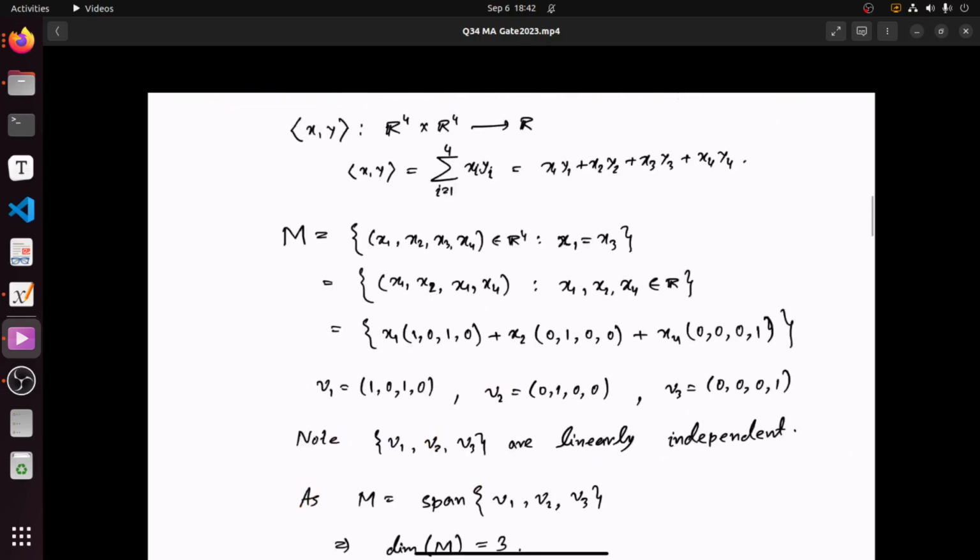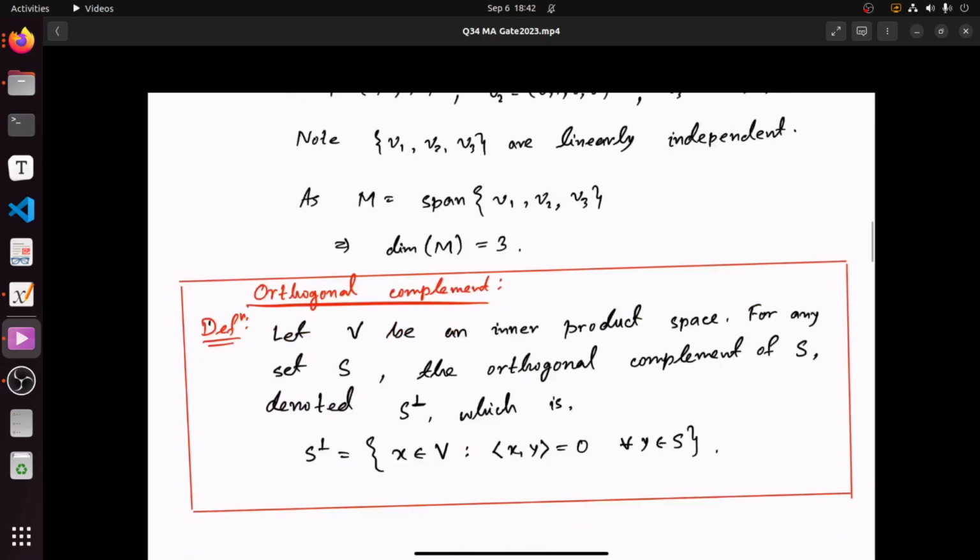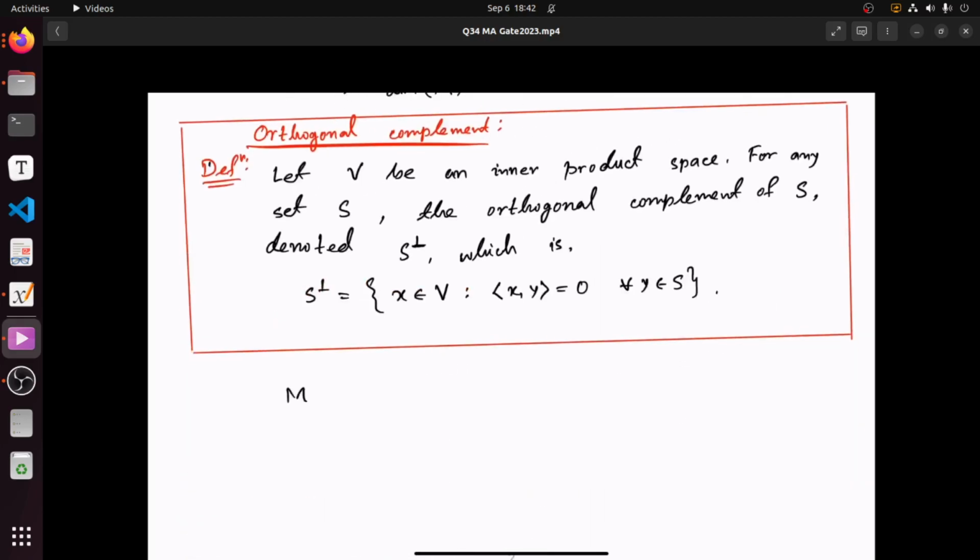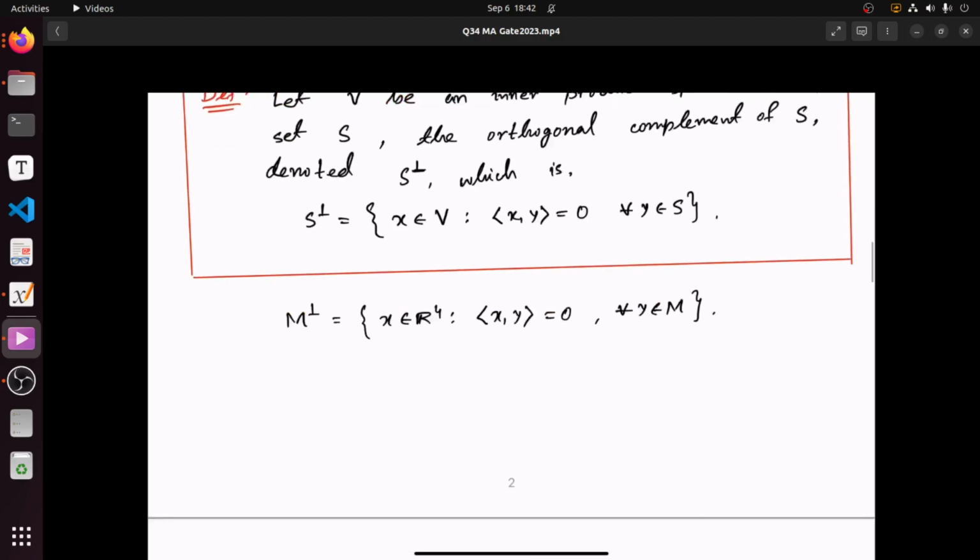Similarly, M is this subspace, so M perp will be all x in R4 such that the inner product of x and y is 0 for all y in M. We have to find the dimension of this subspace M perp, because this is automatically a subspace. What we said is that M perp will always be a subspace of the vector space. So this is a subspace of R4.